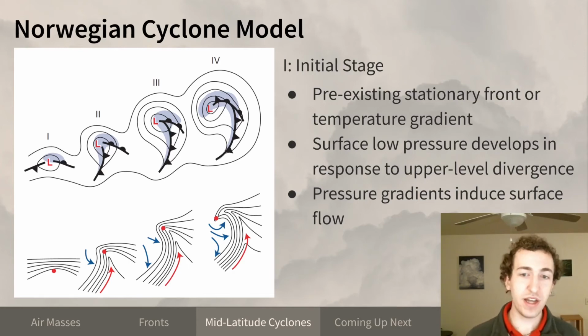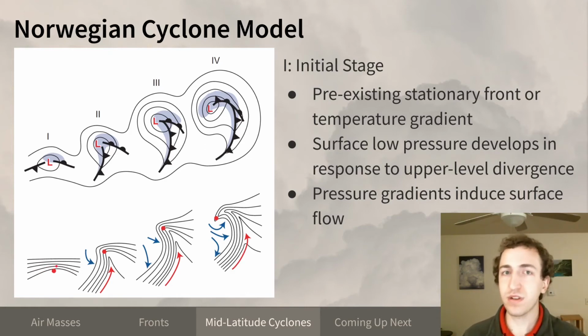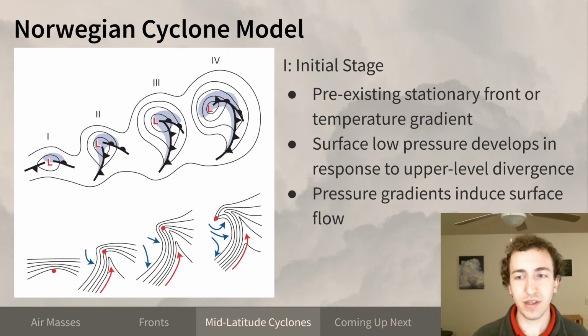The initial stage, seen over here to the left, is where we have some kind of pre-existing gradient of temperature, or even a stationary front if this is a relatively sharp boundary between different air masses.